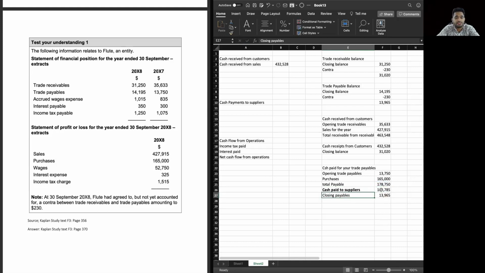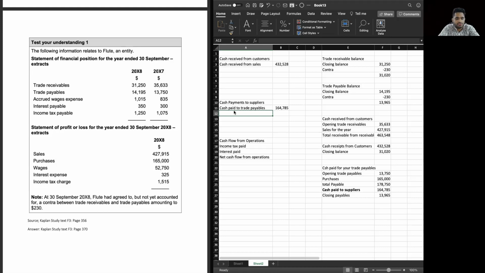That will be 164,785. So cash paid to trade payables is 164,785.